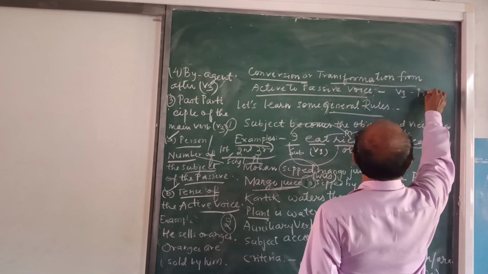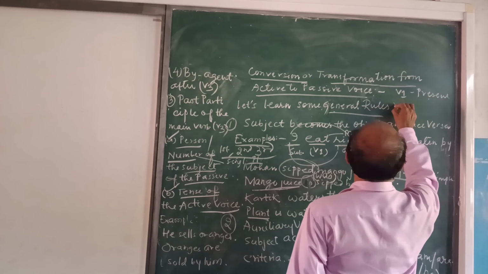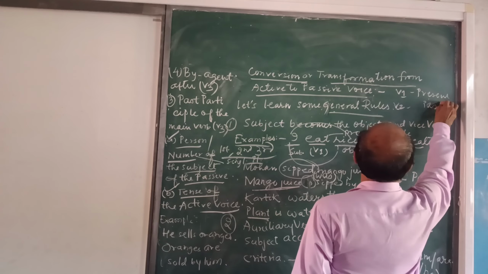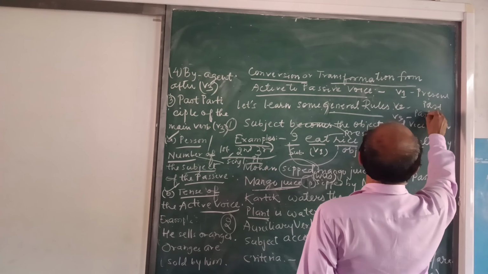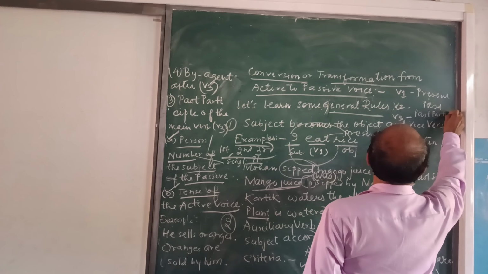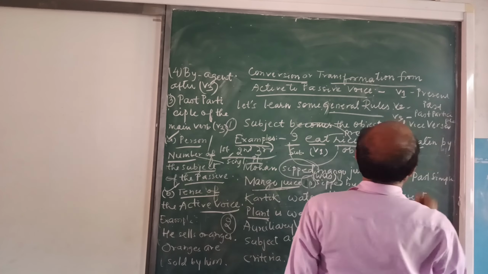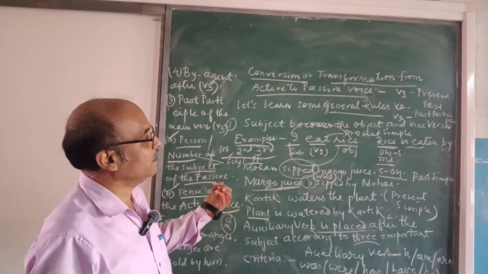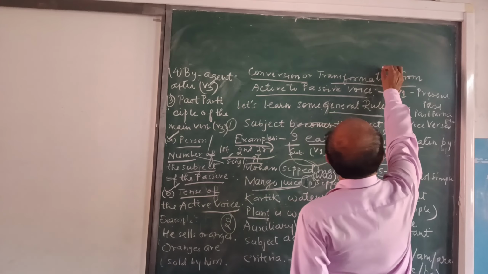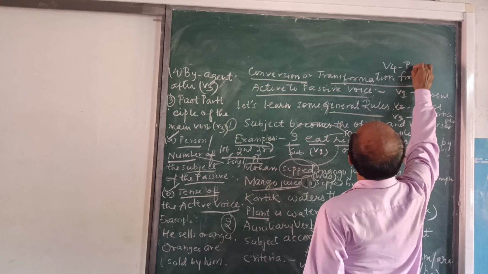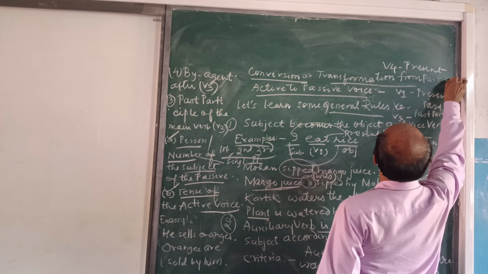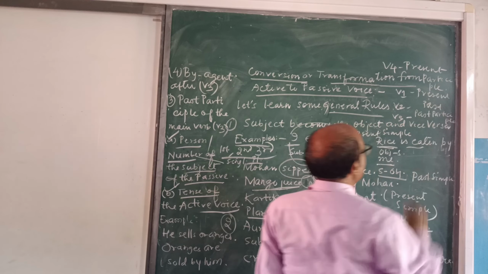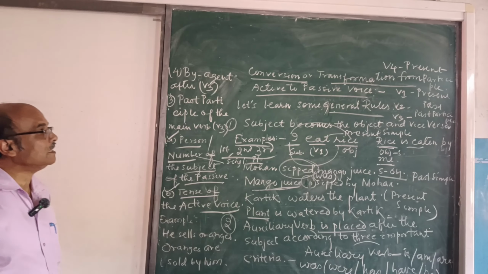V1 is your present, V2 is your past, V3 is your past participle, which is used in perfect tense and passive construction. Then V4 is your present participle. Present participle is used in continuous tense and perfect continuous tense.